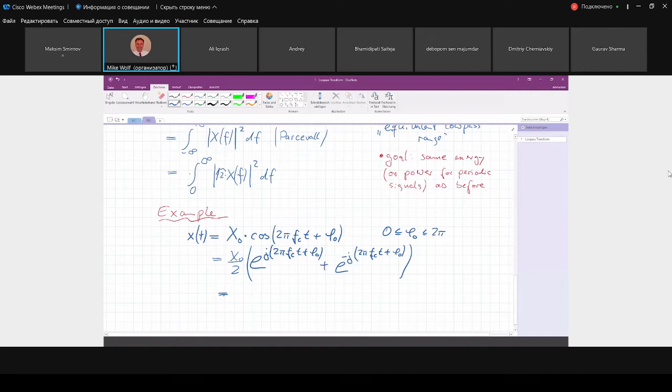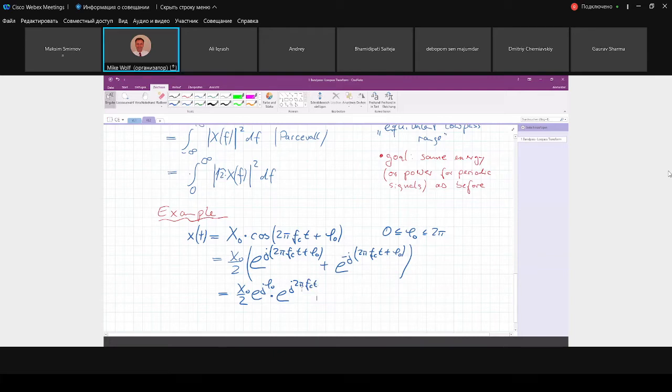Maybe you just see the spectrum, how it looks, but I just show you what's behind this. And then we could say this is x naught by 2, e to the power of j phi naught. This is a weighting, this is just a number. And then we have the frequency Fc. This is just a single Dirac delta pulse in the spectrum.